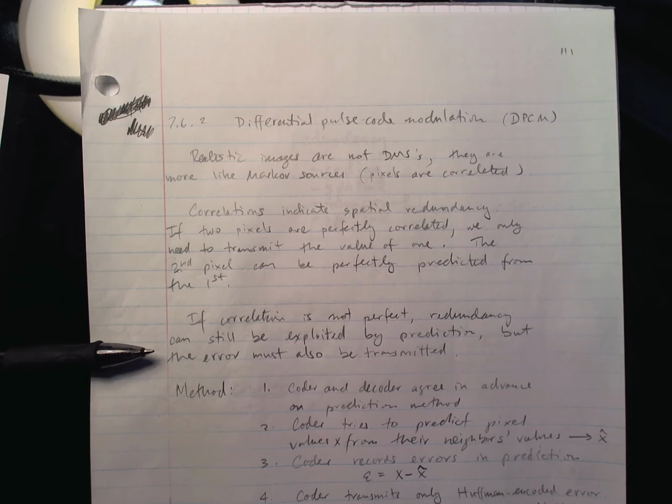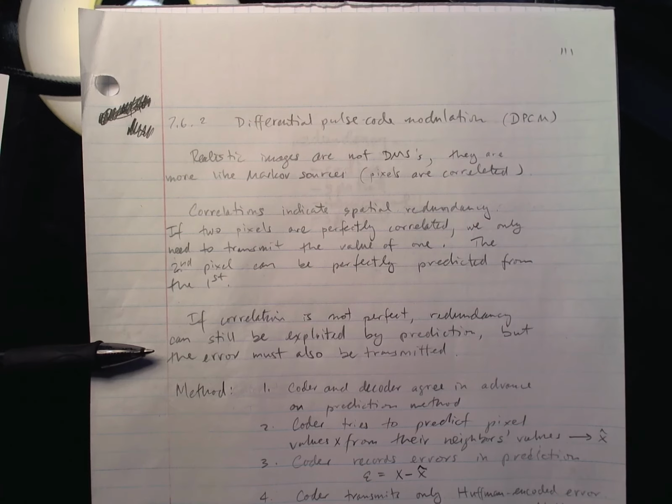In that case, if I told you the value of the first pixel, 100, and told you that the remaining pixels are very similar to that one, you might guess that all of the other ones are 100, and in that simple case you would be exactly correct, and we would have communicated the whole image with a single number.